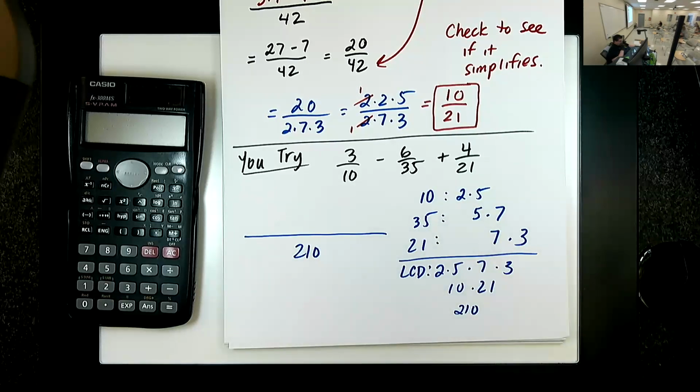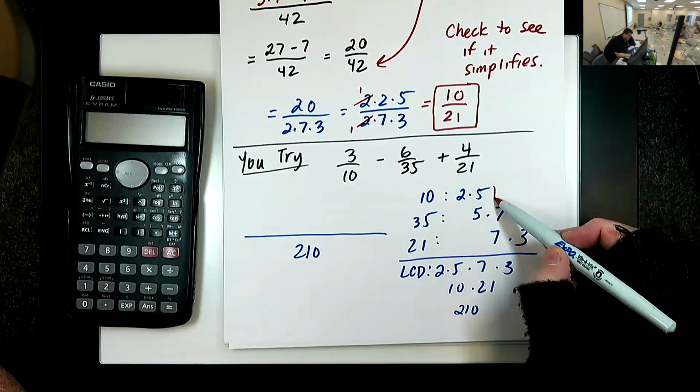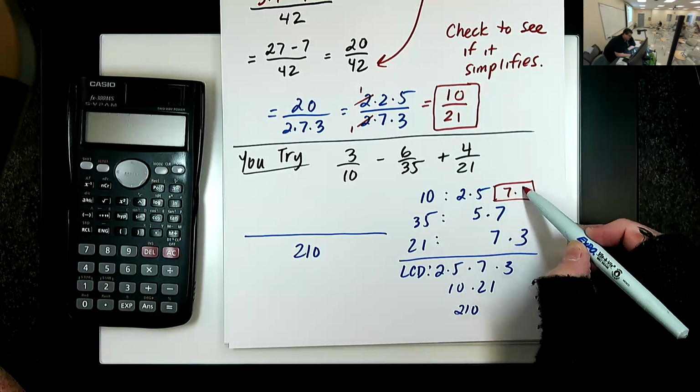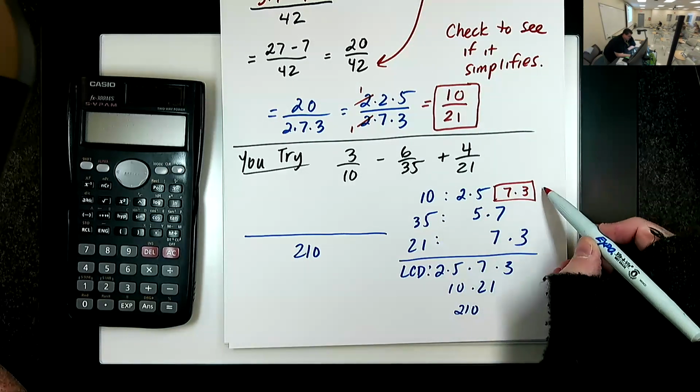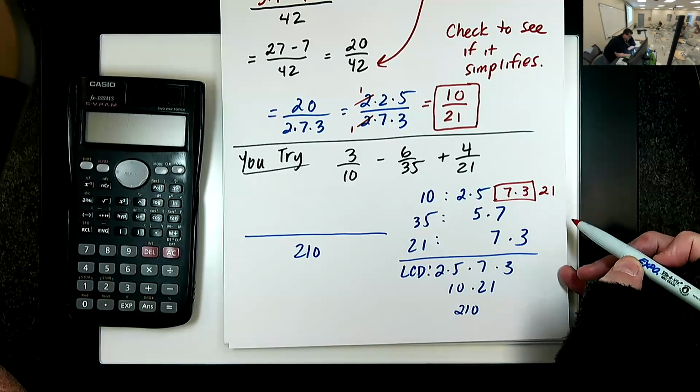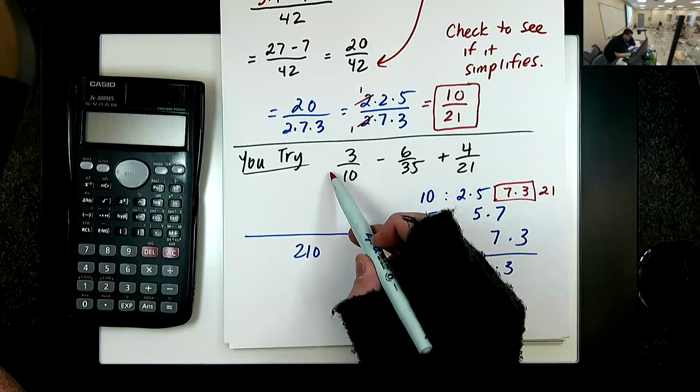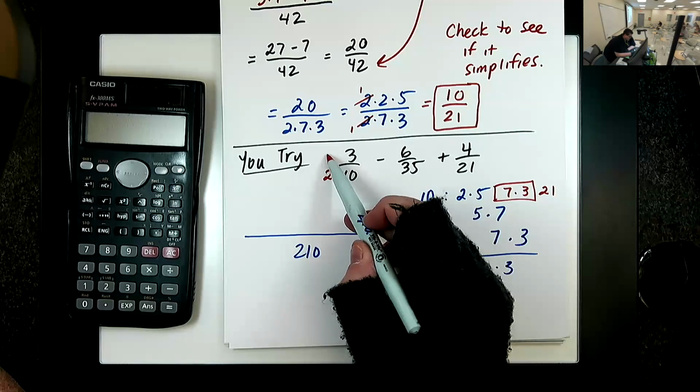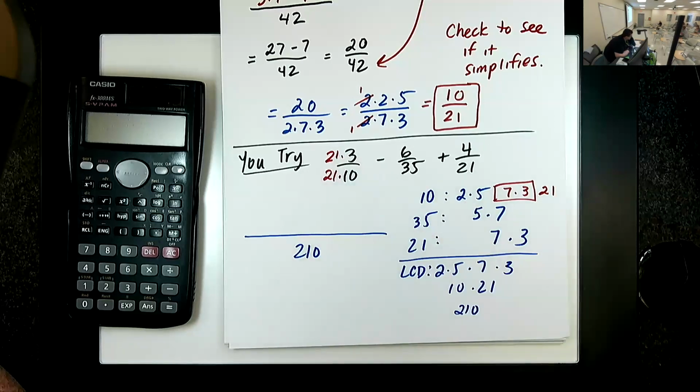Now we'll start grabbing the gaps. The 10 is missing these values, which is a 7 and a 3, and that's 21. Which just means this one needed to be multiplied by 21, which means that one needs to be multiplied by 21.